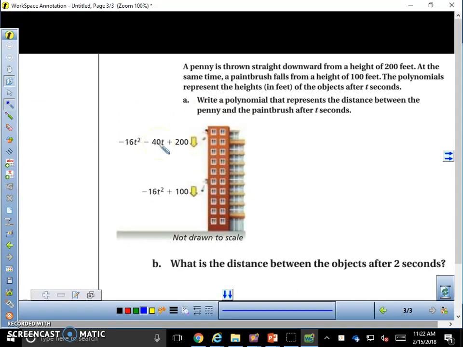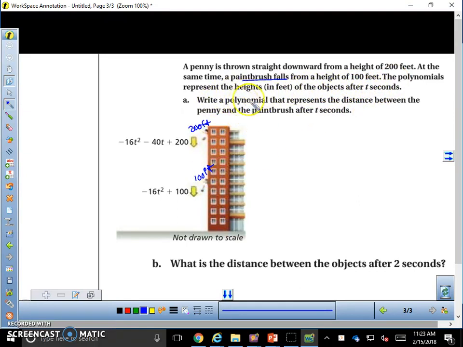All right, a penny is thrown straight down from the height of 200 feet. So from the height of 200 feet, this is 200 feet. At the same time, a paintbrush falls from the height of 100 feet. 100 feet. Okay, the polynomial represents the height of the object after t seconds.